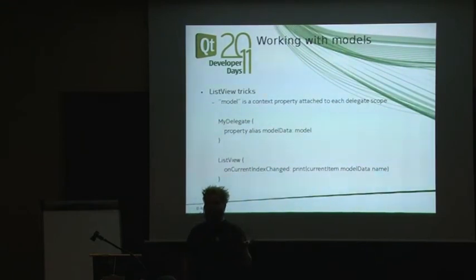So your delegate is about an artist, and you have the name, the birthday, and whatnot. All those, in C++ or in model view context, are called display role or roles, and all those roles and display roles are stored in that attached model property. And this is normally not accessible from outside because of the delegate scope, but sometimes it's important to access it.